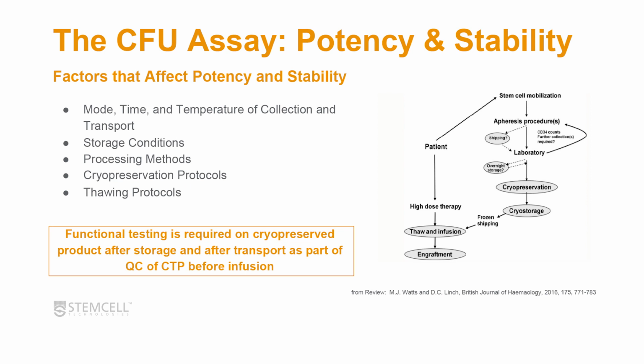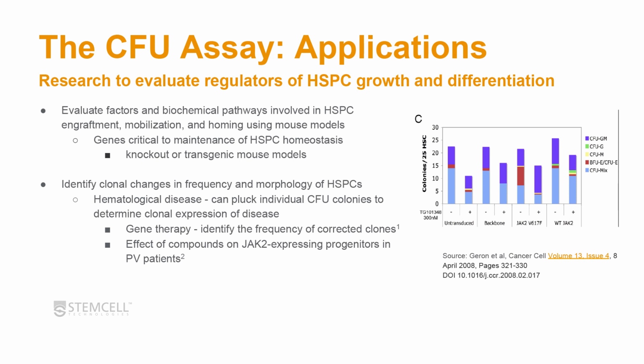These are critical. So if you want to qualify your rate-controlled freezer, you have to use the CFU assay to get an appropriate response on how that affects the quality of the cells, as well as your protocols, which will also depend on the number, the volume, all kinds of things.